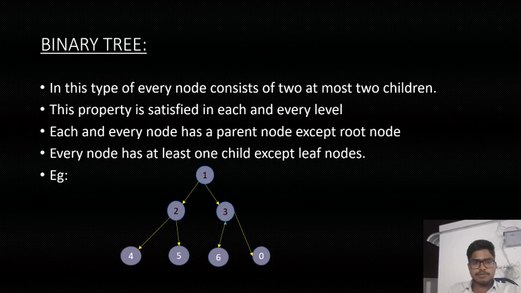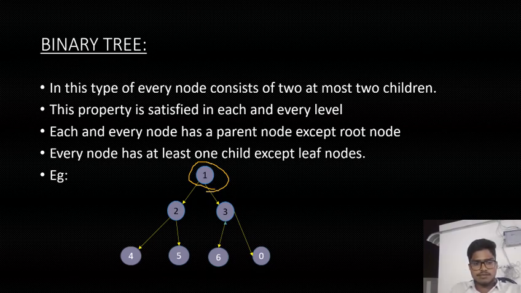Let's see the example of the binary tree. Here the parent node 1 is the parent node of 2 comma 3, where 2 comma 3 are the two children of the parent node. That means the parent node consists of only two children, 2 comma 3.